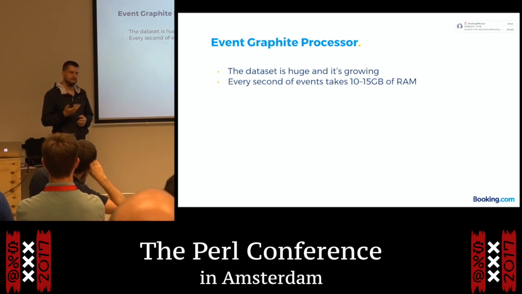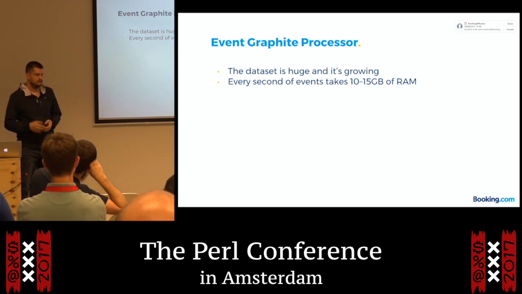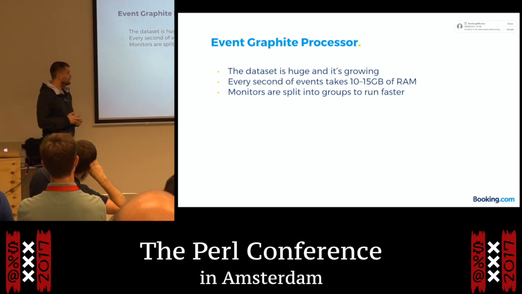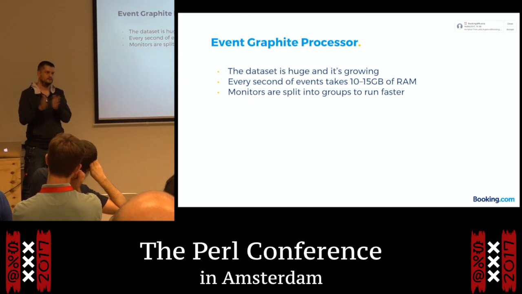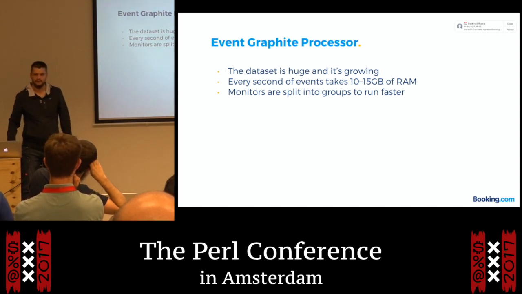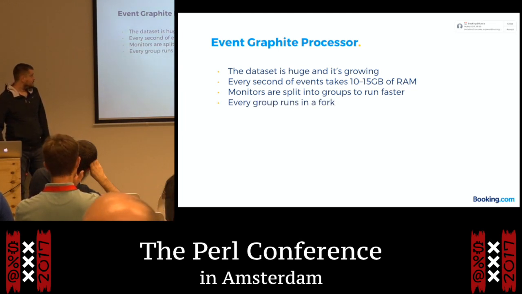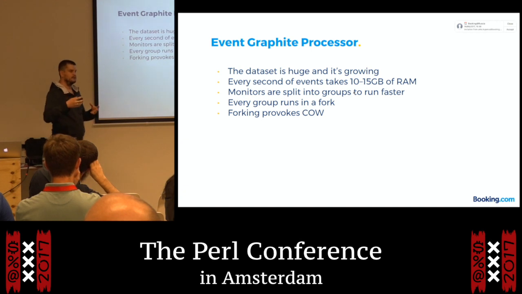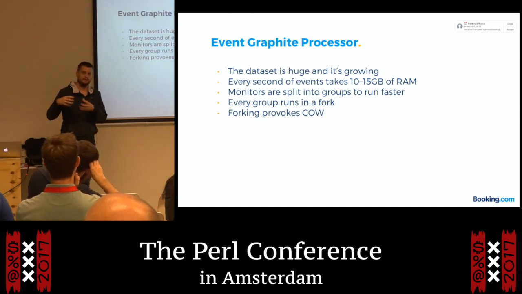This is just 1 second of events. Crunching this amount of data is not easy. It actually takes more than a second to process 1 second of data. This is why we parallelize some processing, to make the system near real time. For that purpose, we group some monitors and process them in a fork.